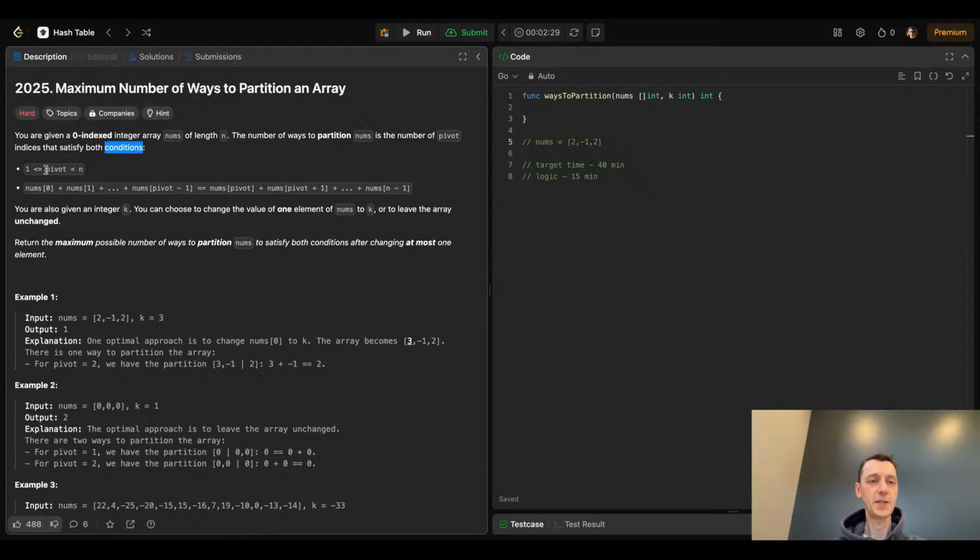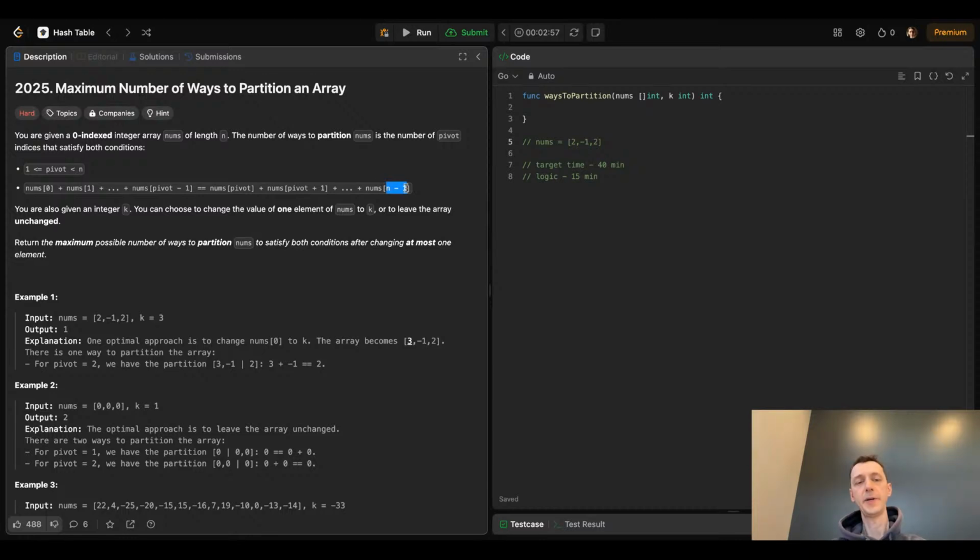The pivot is at least 1 but less than n, so at best it's the last index. And also nums[0] through nums[pivot - 1], their sum equals the sum from nums[pivot] till nums[n - 1], the last index.